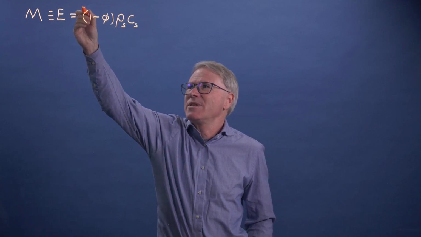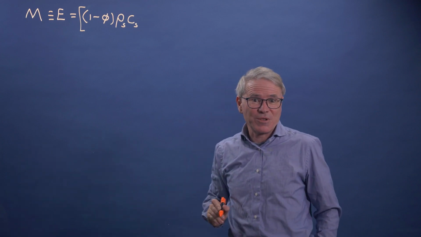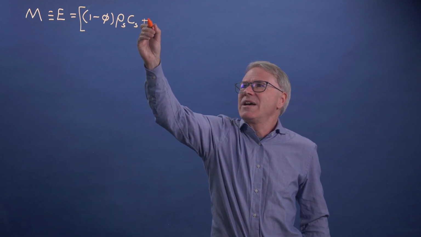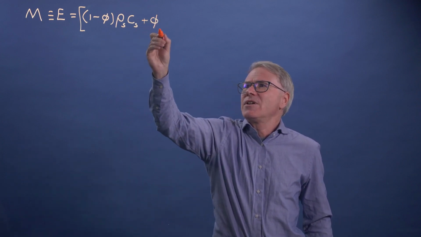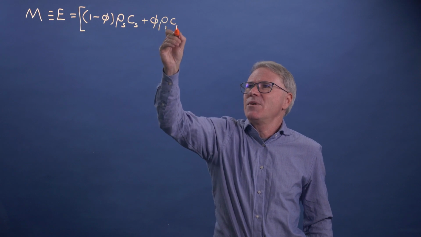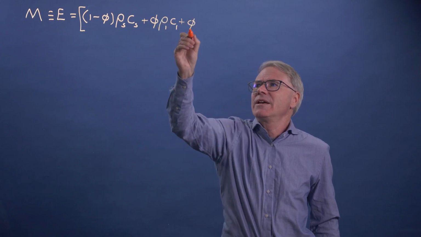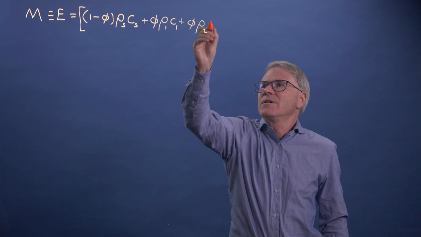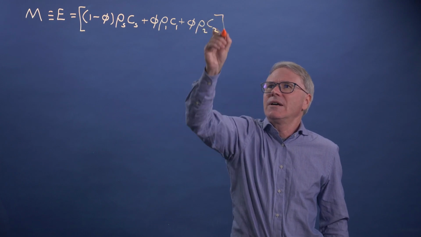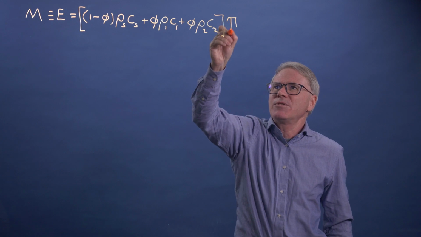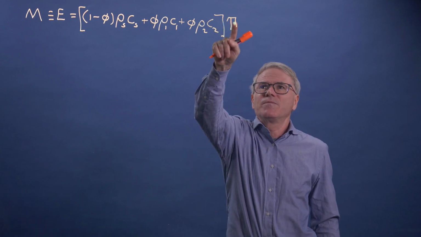And I'm going to put temperature at the end because this is all proportional to temperature. Then we have a porosity times density 1 C1 plus phi rho 2 C2. And that's all going to be proportional to temperature because this is just thermal energy.